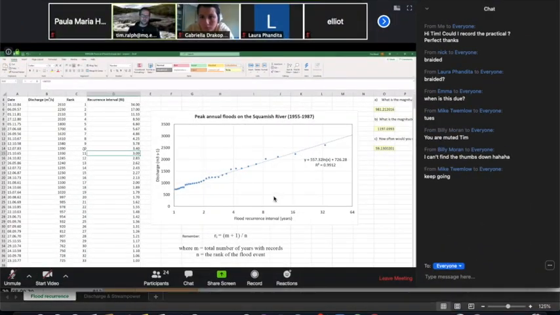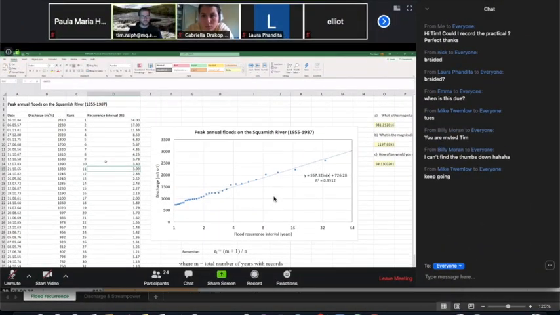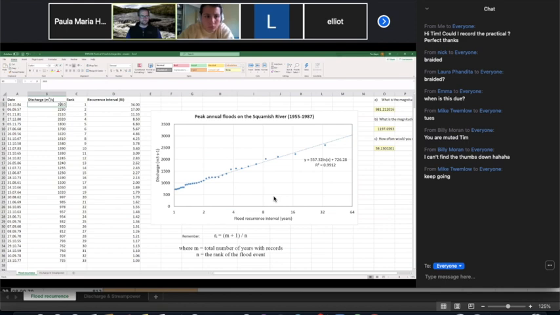The way to interpret this data, obviously this flood is the largest flood. It's ranked number 1. How many times did that flood occur in all of these years, guys? Multiple times or only once? Give me a thumbs up for only once. So yeah, we've got something on the chat here.